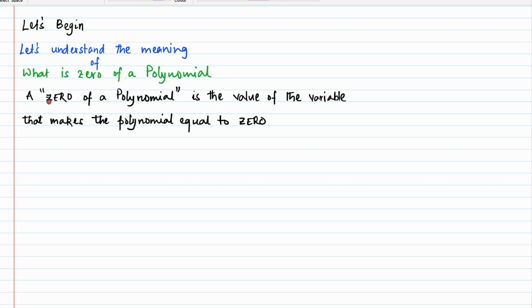So whatever may be the variable, whether x or y, if I put that value in the polynomial, it will make the polynomial 0. So that is called the zero of a polynomial.